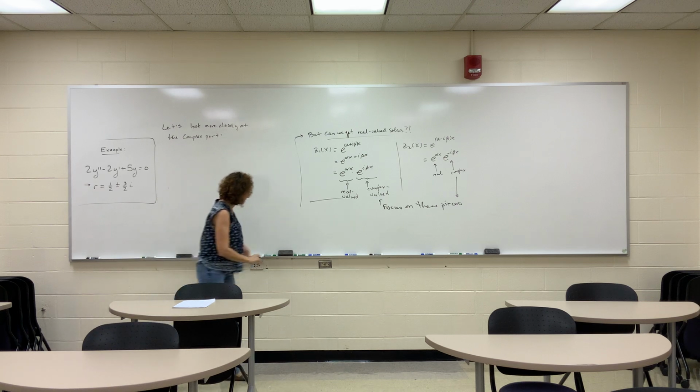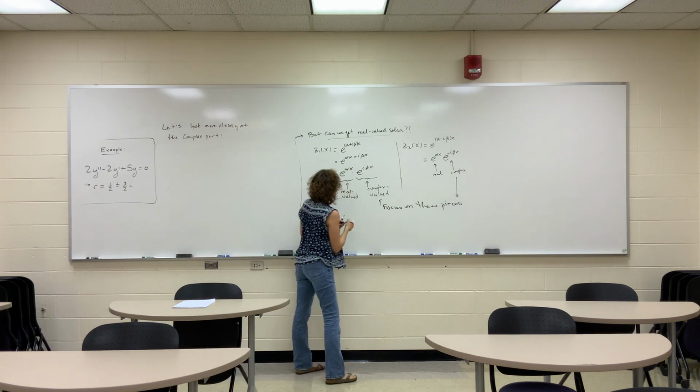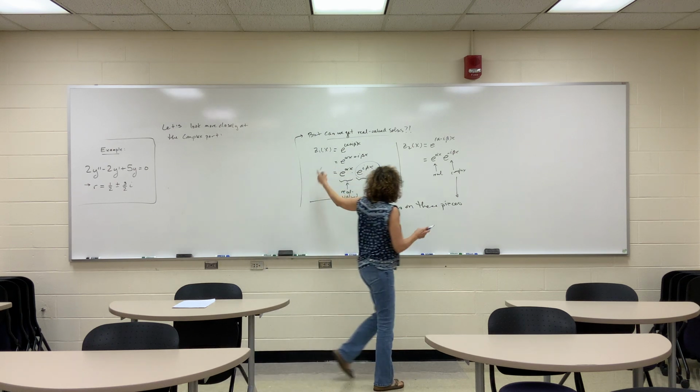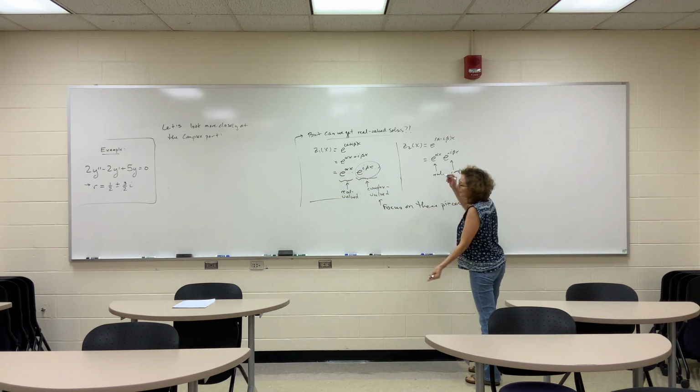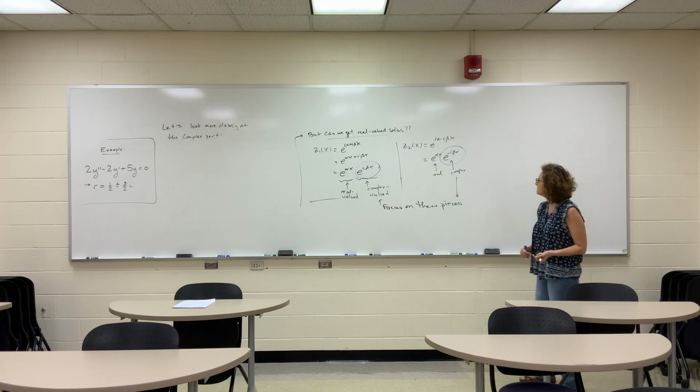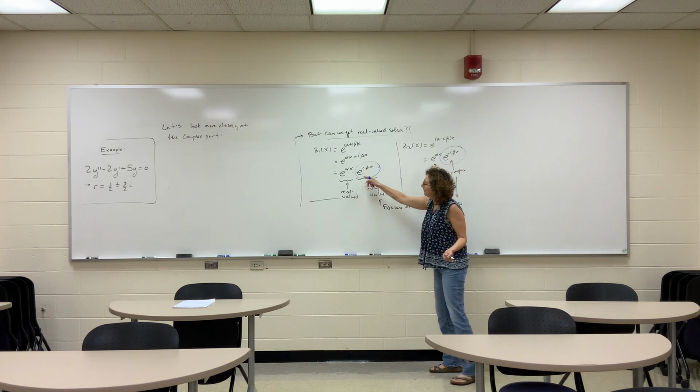So what's the complex part? Well, it's e to the I beta x for the one solution that comes from one of the roots, and e to the minus I beta x for the solution that comes from the complex conjugate root, right? They both have the same kind of form.